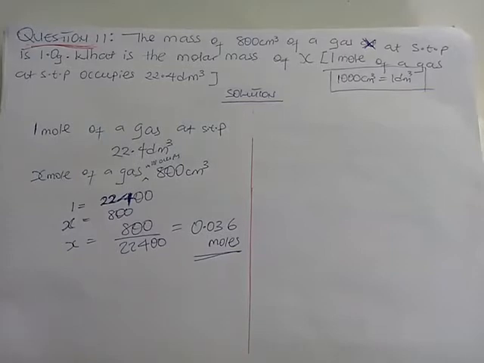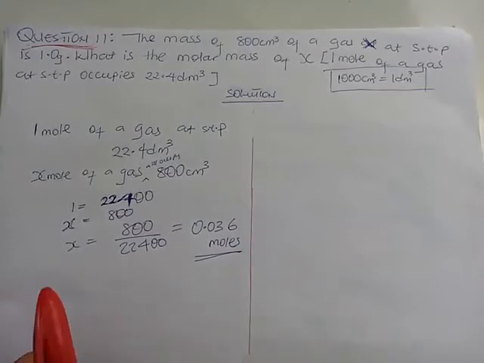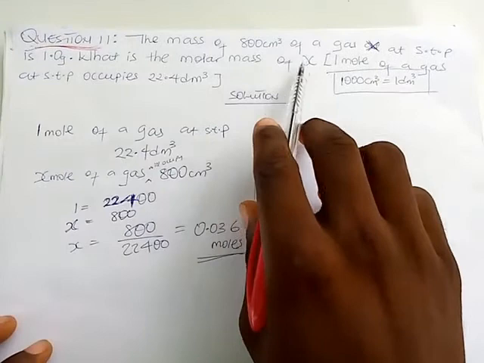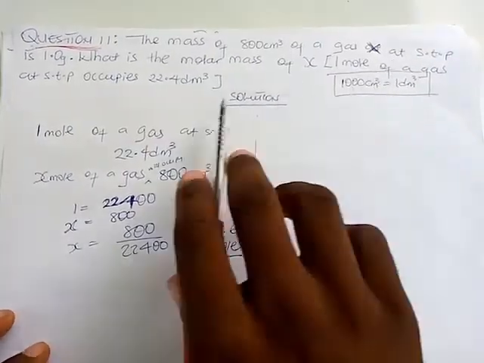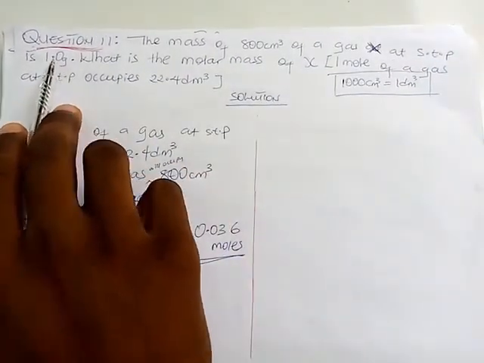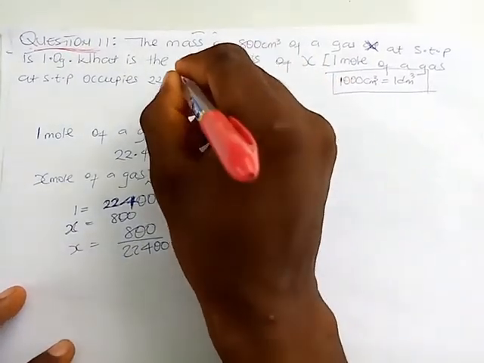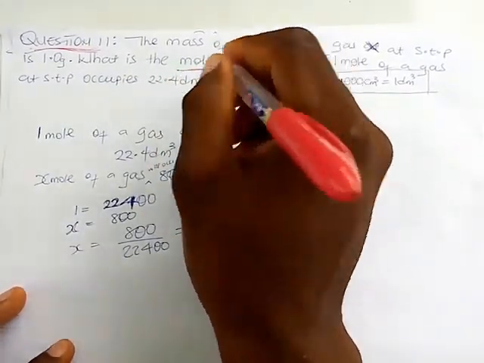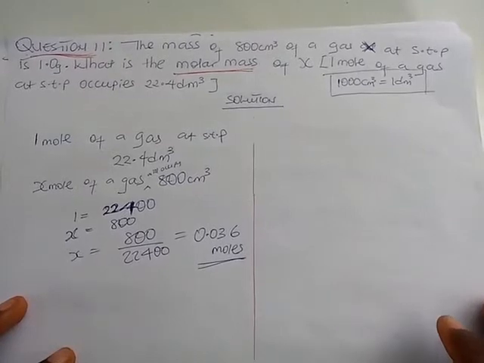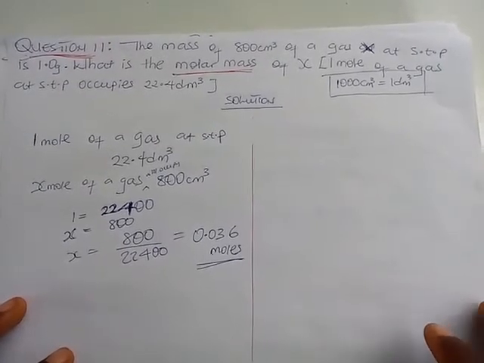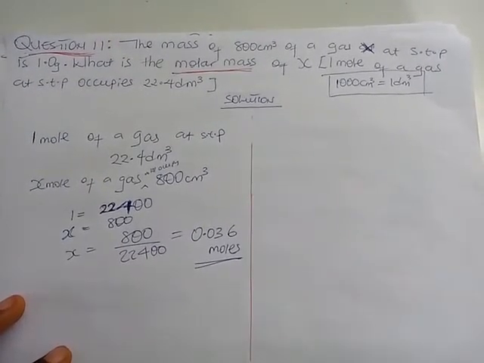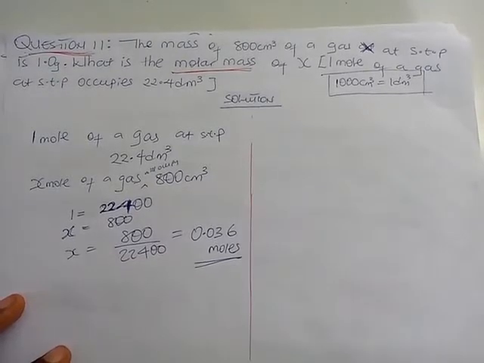So let's go back to the question. The question is, the mass of 800 cm cube of a gas at STP is 1.0 grams. What is the molar mass of X? That is the gas. Now we know the molar mass is the mass of 1 mole of that substance.